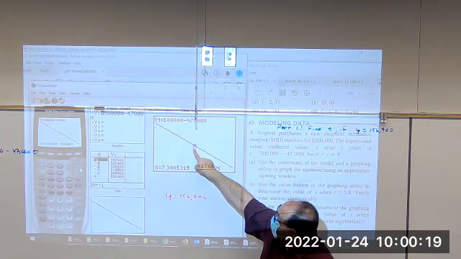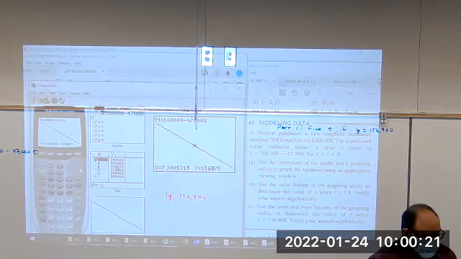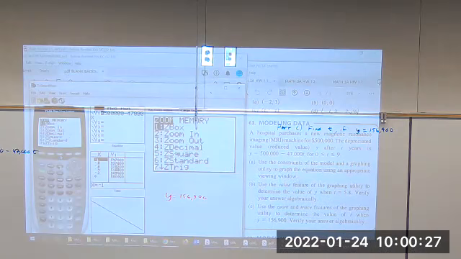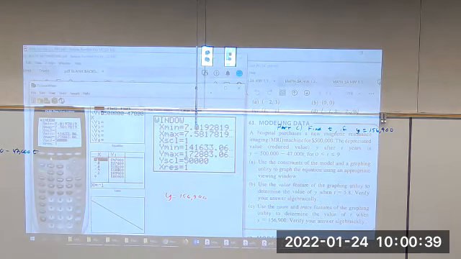So I'm going to zoom in right there. So now the window is even smaller, from 7.01 to 7.5.